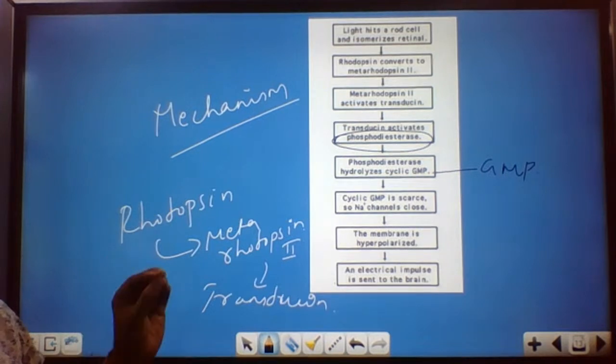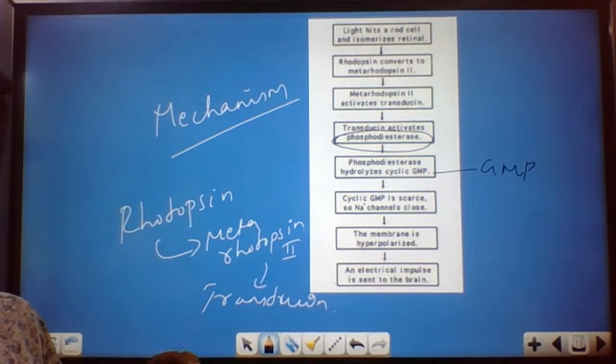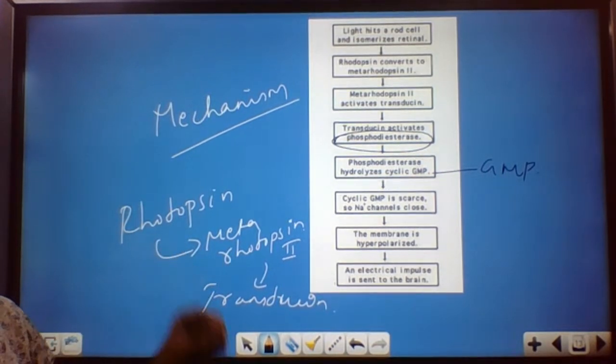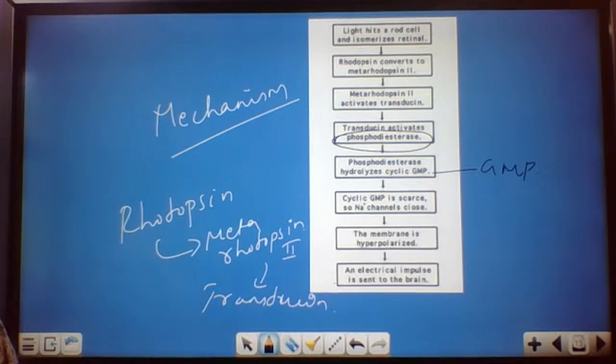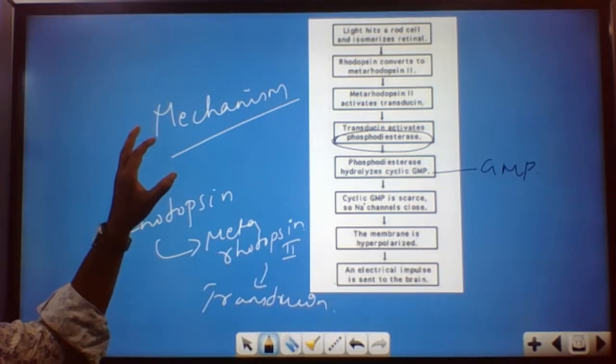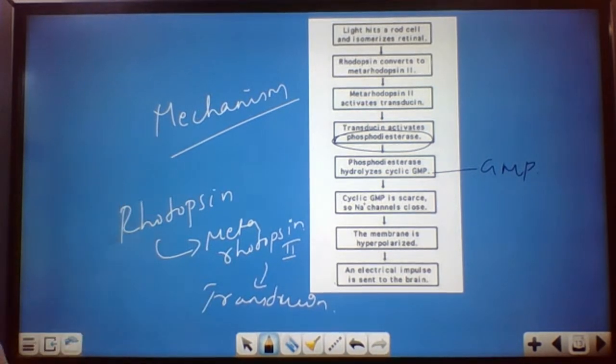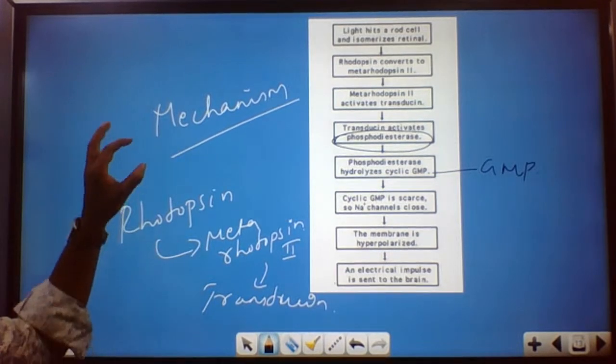Opsin is actually a normal pigment that you can see. Under the opsin you can see the rhodopsin. So opsin is a kind of pigment. Okay, so we're done with the mechanism. When you talk about opsin, it's a protein structure. What is its main function?